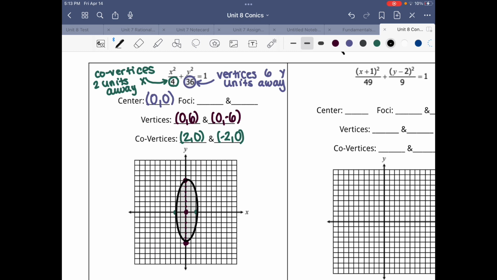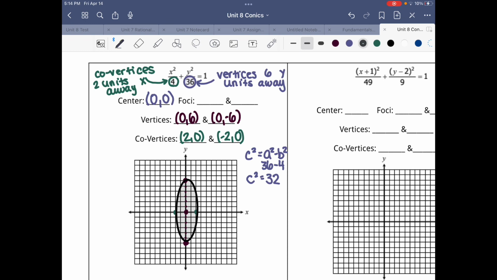Now, that is the main focus of the ellipse, or concentration of the ellipse. We do still need to find the foci. For the foci, c squared equals a squared minus b squared. A squared is 36, b squared is 4, so c squared has to be 32.